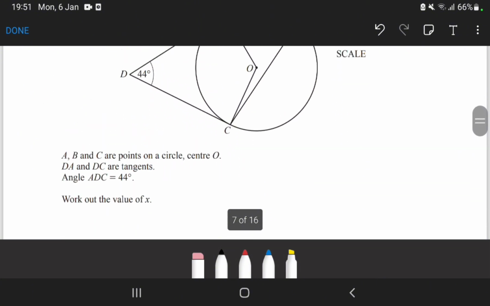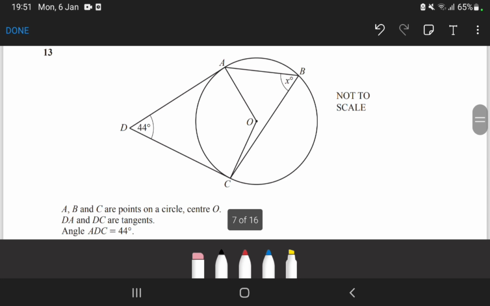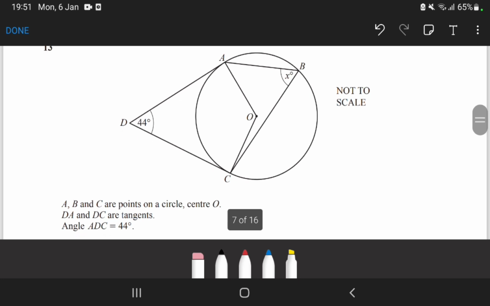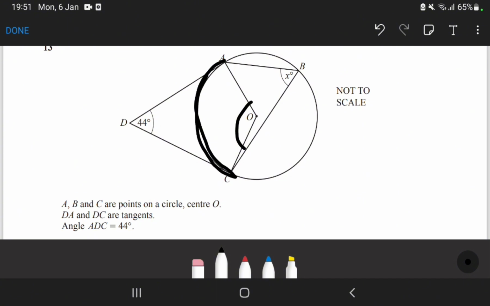We need to find the value of x. So to find the value of x, we need to find the value of this arc, or AOC, which is this one, okay?